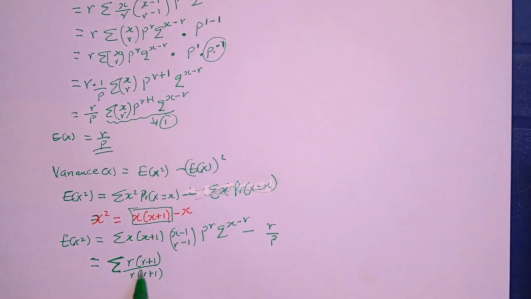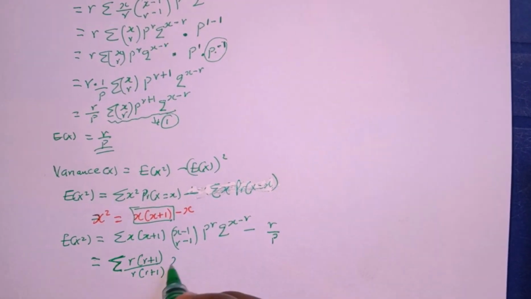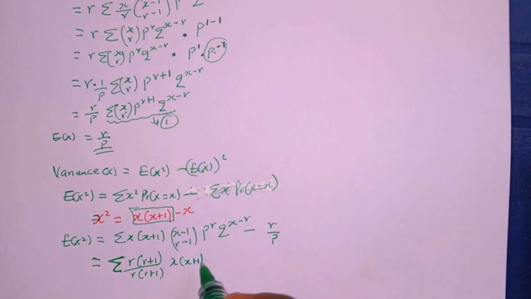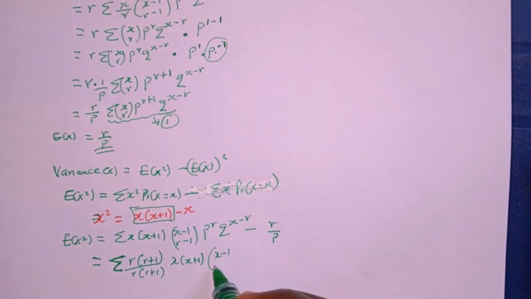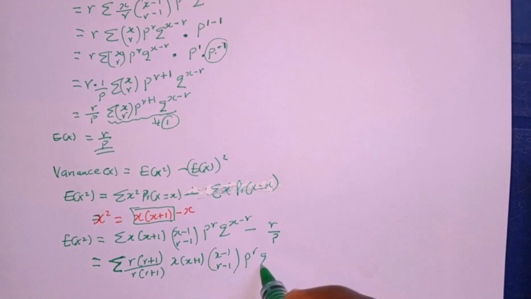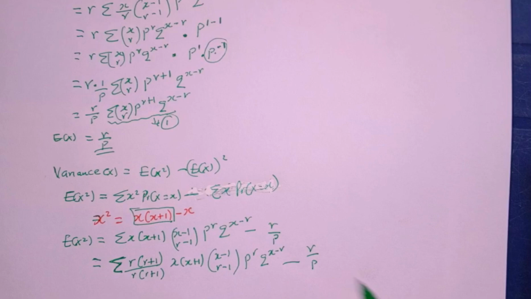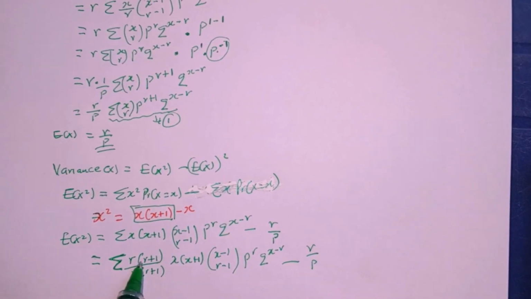So we introduce r into r plus 1 over r into r plus 1. Then we write x into x plus 1, then into what? x minus 1 combination r minus 1, p raised to the power of r, q raised to the power of x minus r, then minus what? r over p. So what do we do? We take this out.